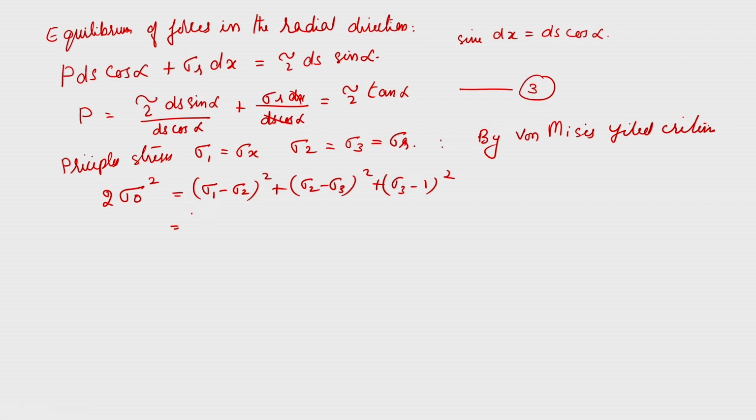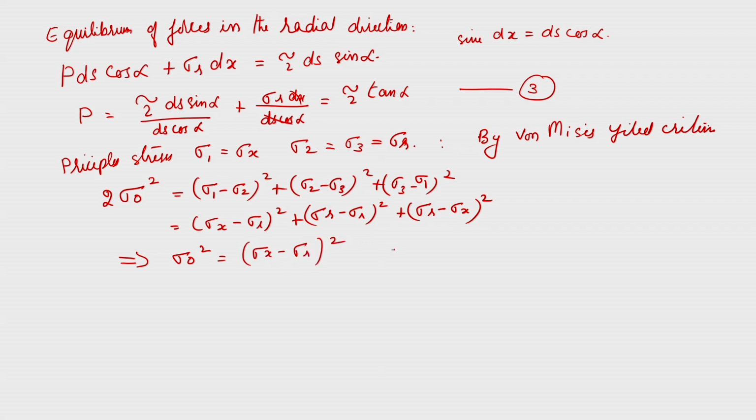If you substitute these values, that is sigma x minus sigma r the whole square plus sigma r minus sigma r the whole square plus sigma r minus sigma x the whole square, that will lead you to sigma 0 square is equal to sigma x minus sigma r the whole square, or sigma 0, the uniaxial yield strength of the material, is equal to sigma x minus sigma r. So this relationship we are getting as per the von Mises criterion.